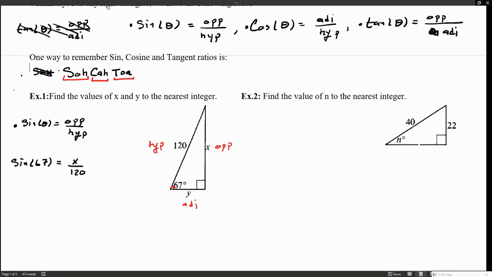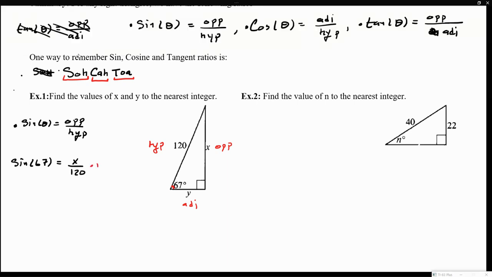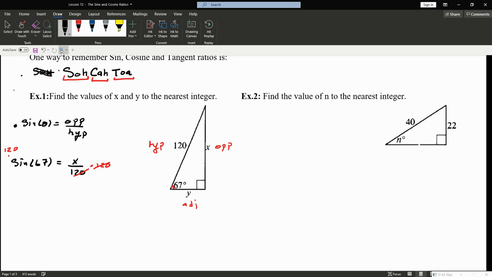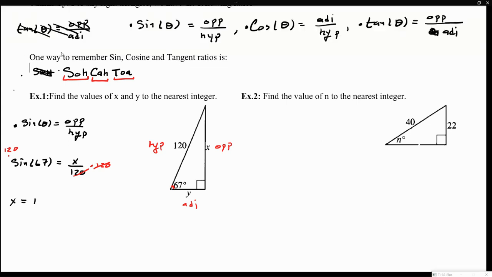If we multiply 120 to both sides, the 120 will cancel out, and now we have an expression for x: x is equivalent to 120 times the sine of 67. How can we find the value of this? For that, we have a graphing calculator here.